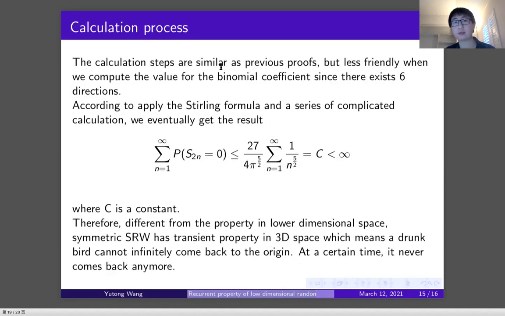The calculation steps are similar to the previous proof, but this will be very complicated because we have 6 directions, and the variance will be like 2 or 3. It depends on which you assume.